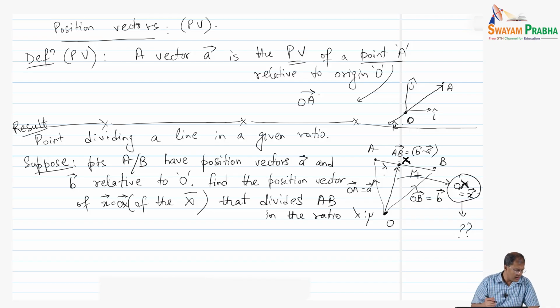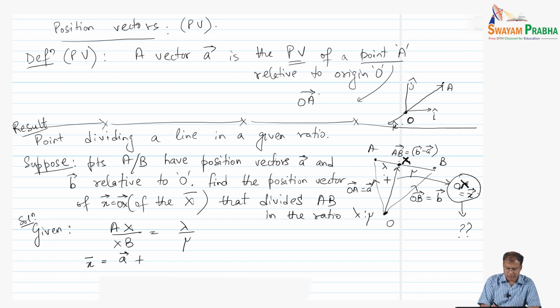What is given is that the ratio AX over XB is lambda to mu.